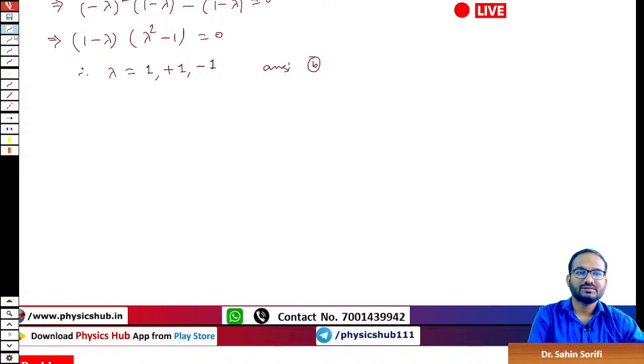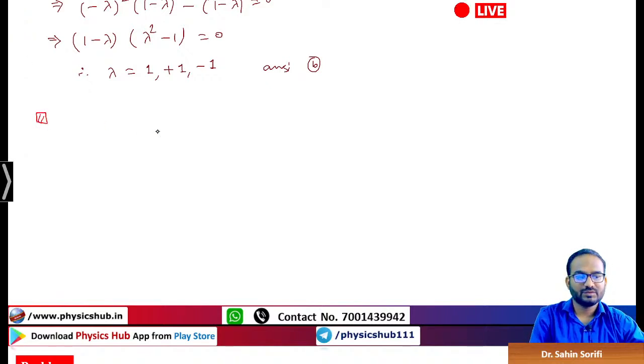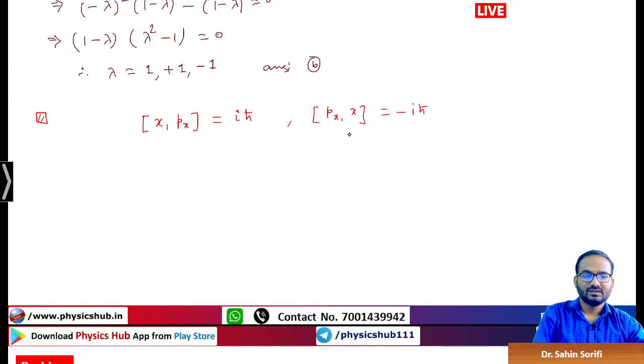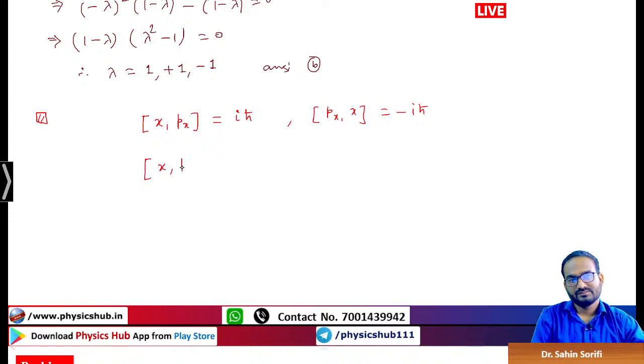Look, let me give you a simple trick or formula. You know it, right? What is the commutation of x and px? You already know this is i h cut. And px, x will be minus i h cut. Just remember this one; this we can automatically write. Now, if you are given x, px to the power n, then what will be the formula?